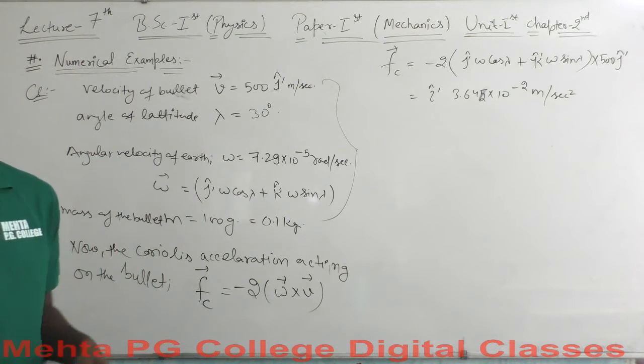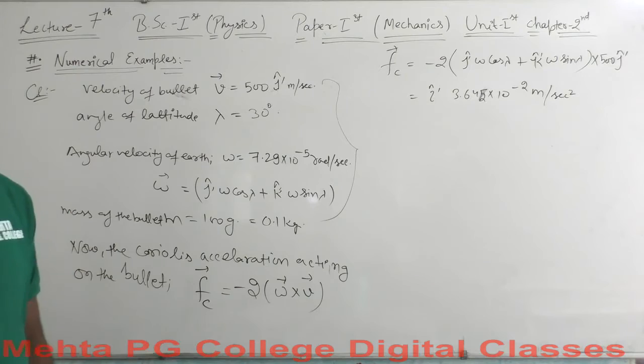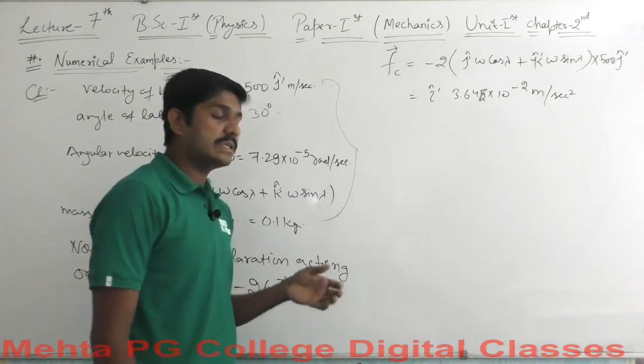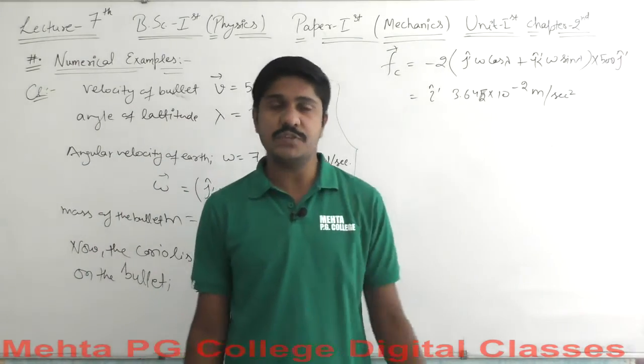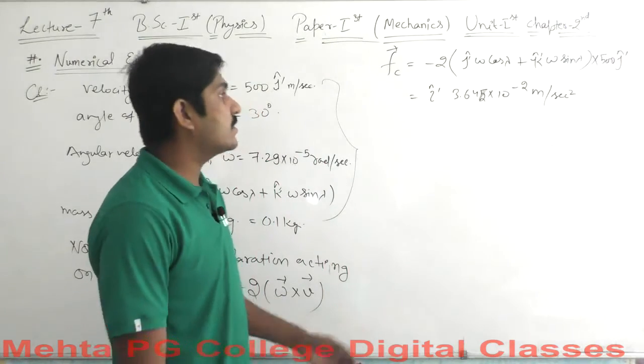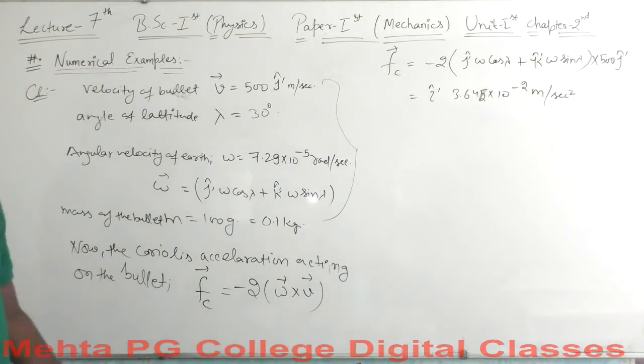Also we are to determine the time taken by the bullet. What should be the time taken by the bullet to reach the target? You know that the target is at a distance of 250 meters. So let's find out the value for the time taken by the bullet to reach the target.